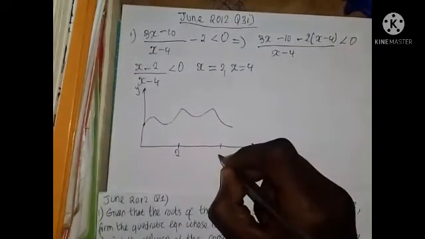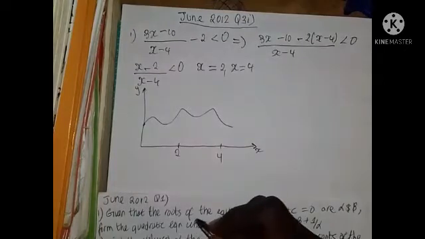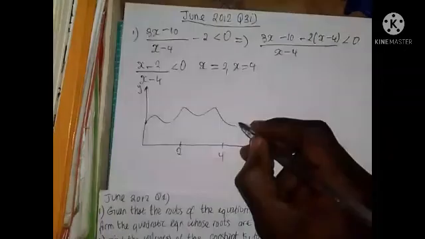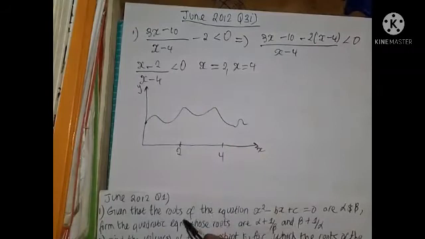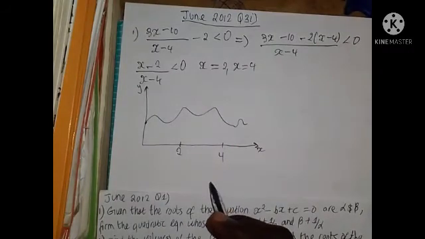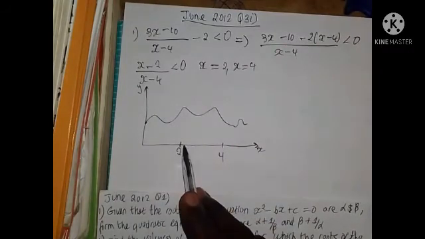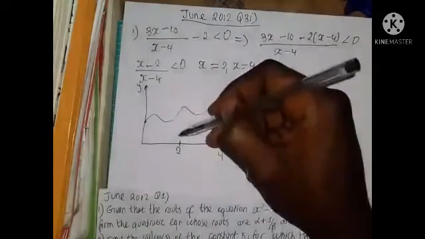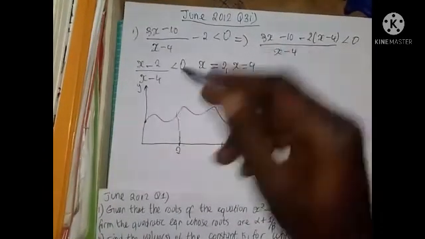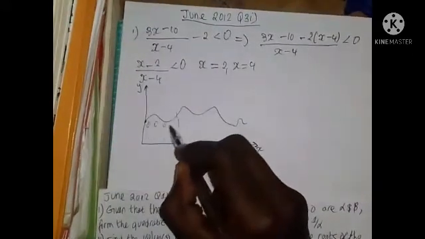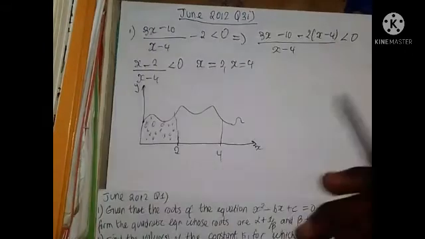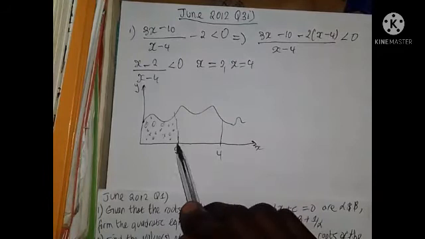This is 2 here, this is 4. So we are going to have regions for this particular problem. The first region is before 2, the values which are less than 2. And then the second region is between 2 and 4.